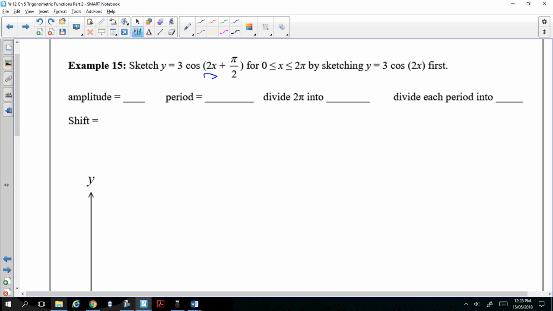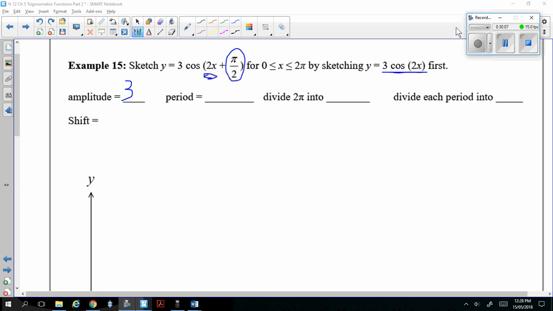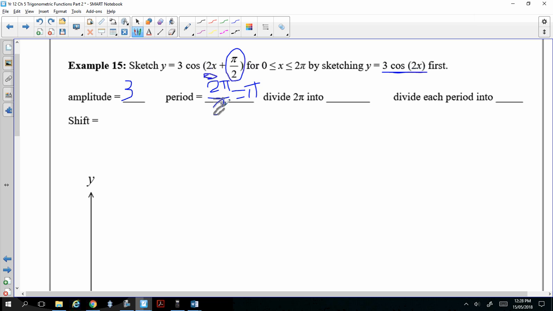So write down the amplitude, which is 3. The period is 2 pi over 2, which is pi, so you divide 2 pi into 2 parts. And you divide each period into 4 parts because there are 4 quadrants. So you write 2 pi at the end, divide it into 2 parts, so go halfway, which is pi.